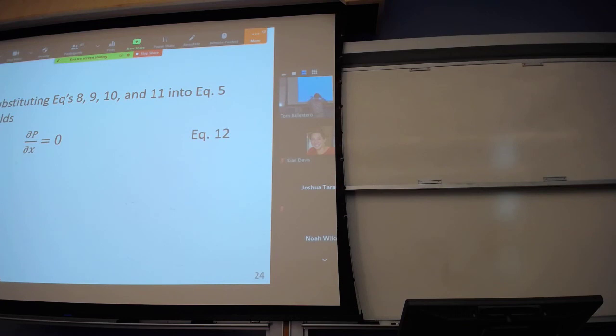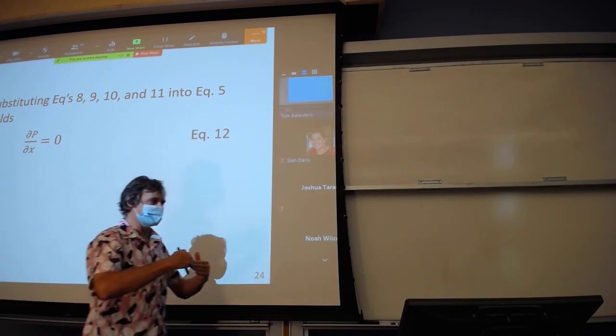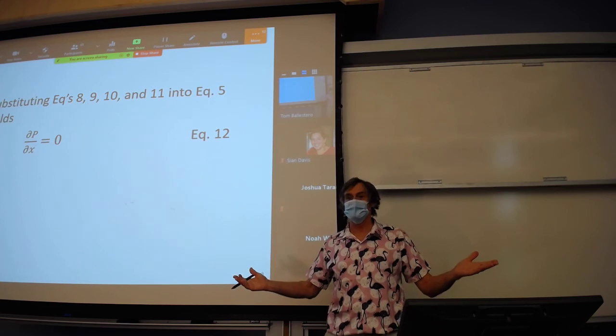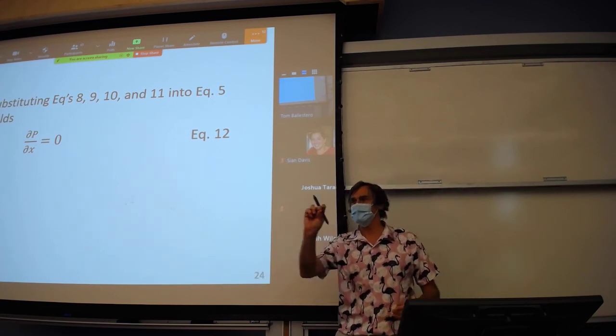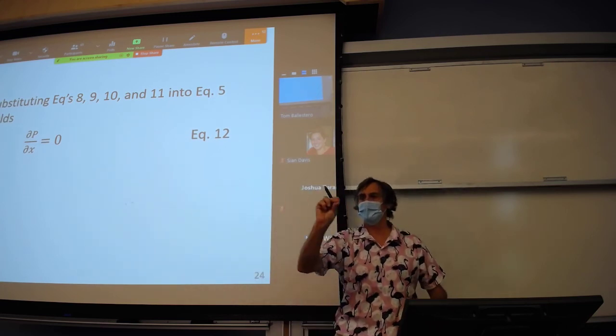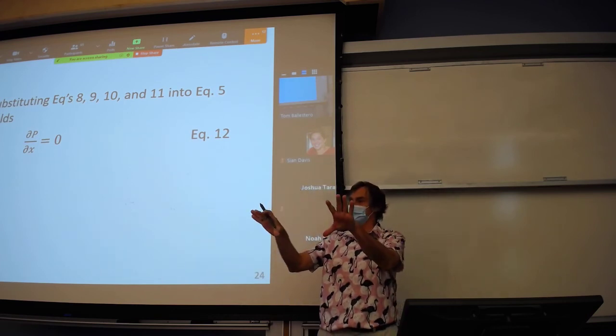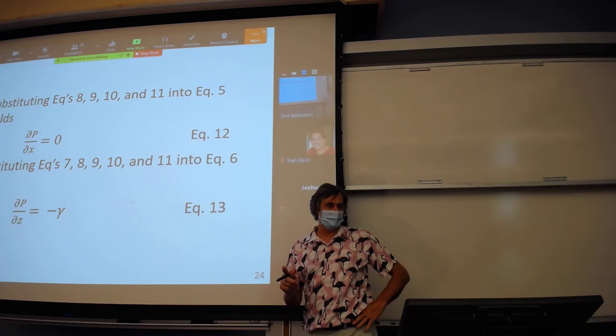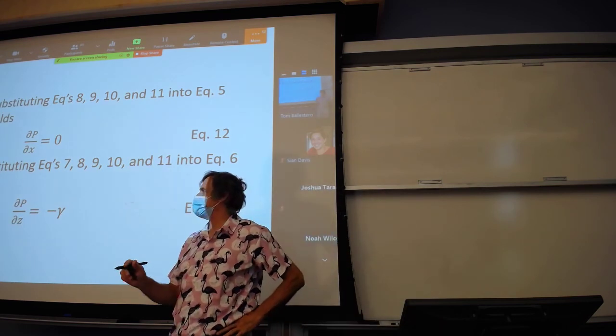I'm sorry, I couldn't hear you. Everybody was screaming the answer to me. If dP dx is 0, what's that saying about the pressure gradient as you move in the x direction? There's no change. So in the horizontal direction, there's no change in pressure, even though we assumed it. And then the other result is, in the vertical, dP dz is minus gamma.